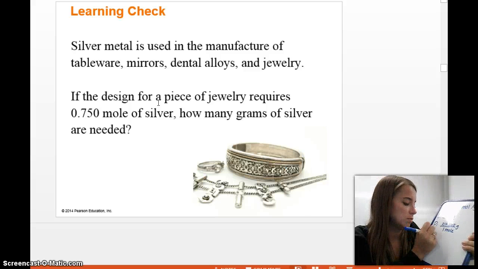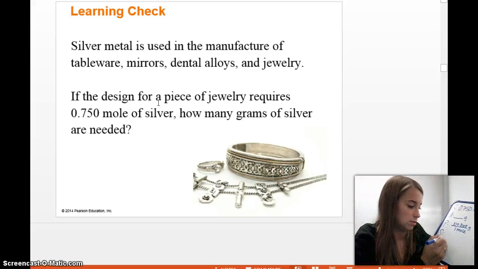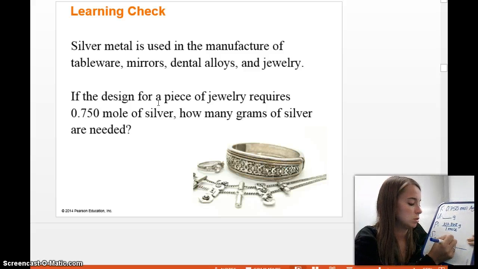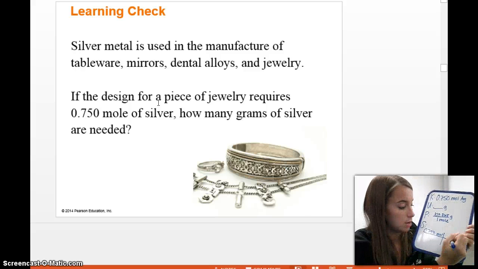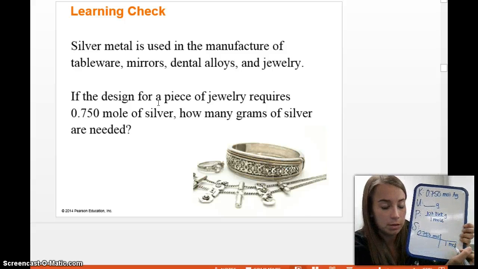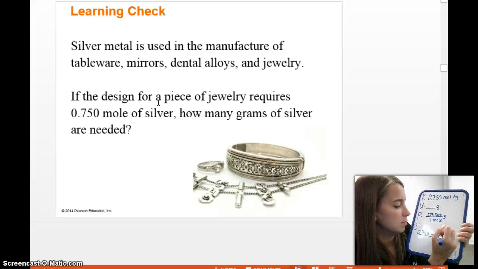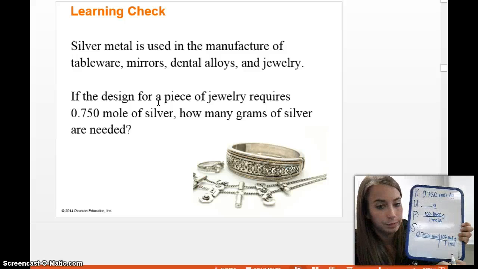And so to solve this, we need to convert my 0.750 moles of silver to grams using this conversion factor. So we're going to put our known up in the top left, 0.750 moles. I'm going to put my moles down here, which is 1 mole, and I know the molar mass of silver is 107.868 grams.